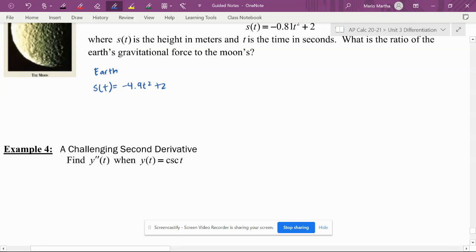And then S prime of t equals v of t, which would be negative 9.8 t. And of course, S double prime of t equals v prime of t, or a of t, which is equal to negative 9.8. All right. So now that's the Earth.